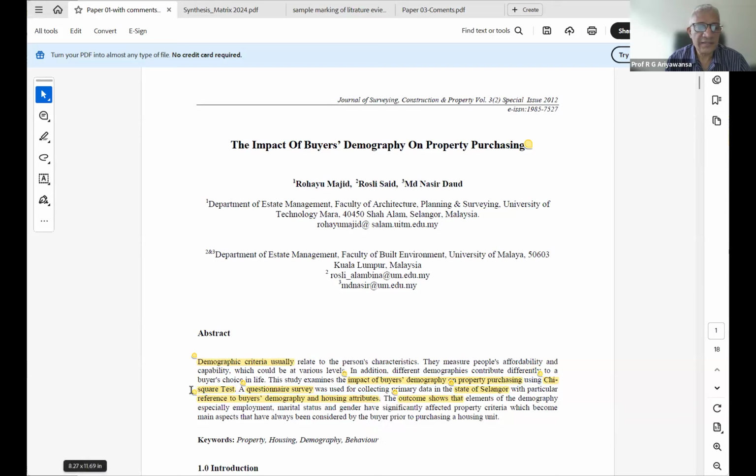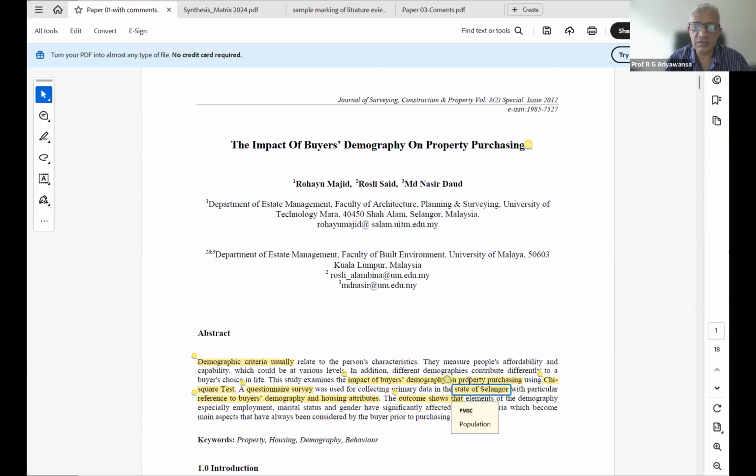And next, they are talking about the questionnaire survey. A questionnaire survey was used for collecting primary data in the state of this place, right? This is a particular area, the population from where they have collected data. So they have collected primary data, not secondary data.